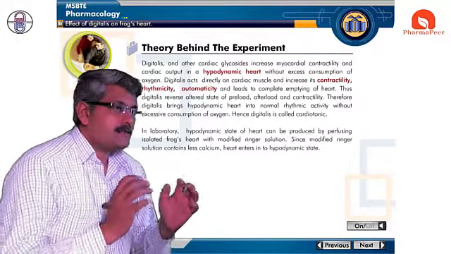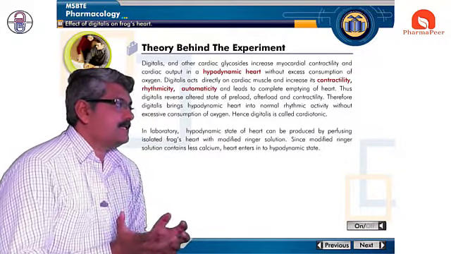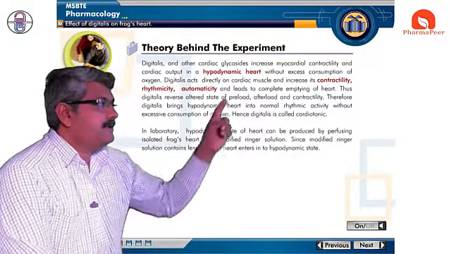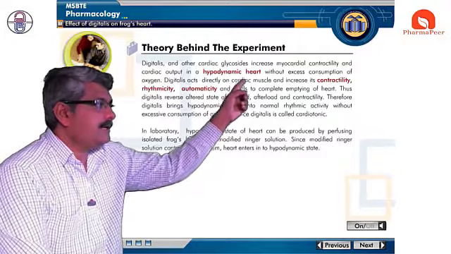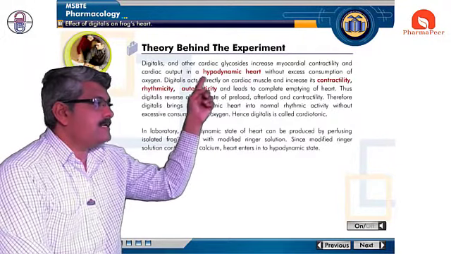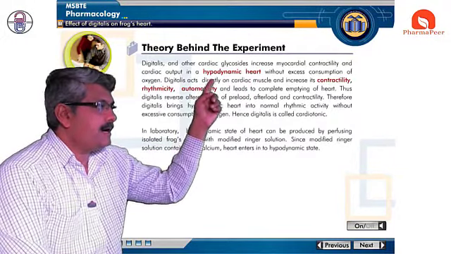Definitely, as the contracting ability of the muscle is increased, it results in an increase in cardiac output in the hypodynamic heart.